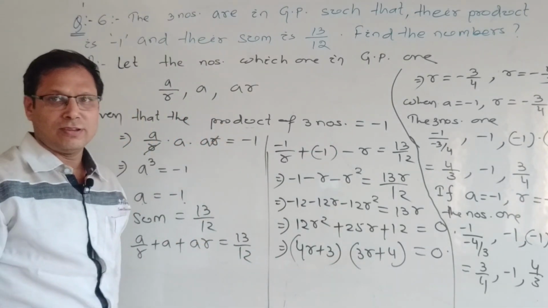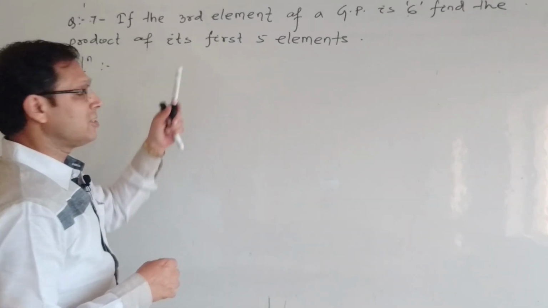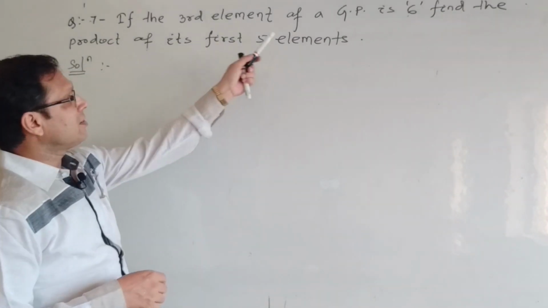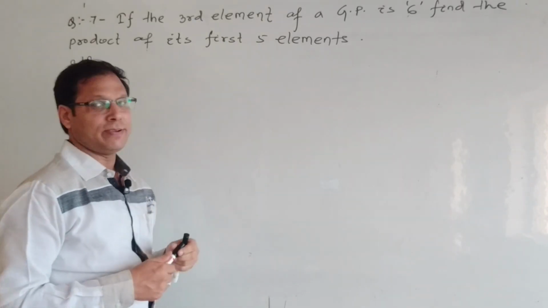Next we will go to the last question. Read the last question here: if the third element of a GP is 6, find the product of its first 5 elements.